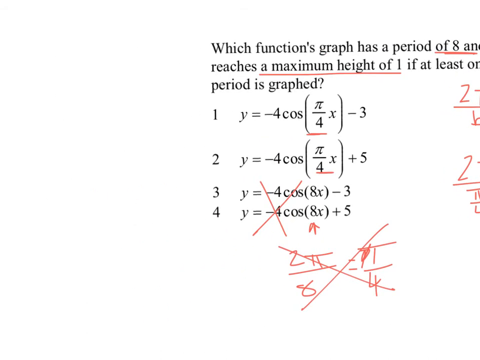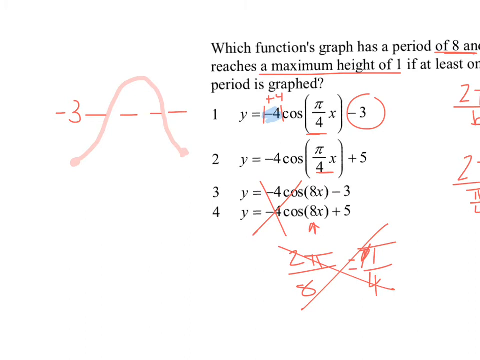So we know that choice 1 has a midline of -3 because of this, and an amplitude of 4, positive 4. Remember, you take the absolute value of it to get the amplitude. Also, I'm going to realize that this is a negative, so it's also going to reflect. So instead of starting at the maximum, the cosine graph is going to start at its minimum and go like this.